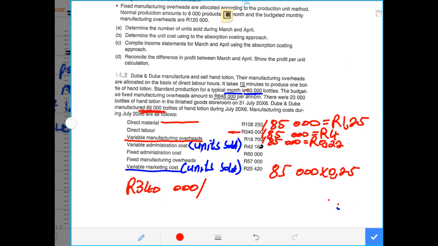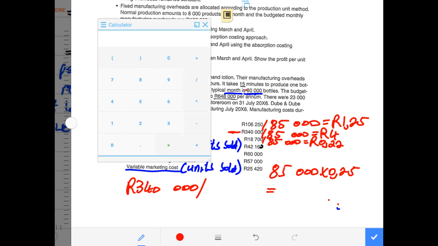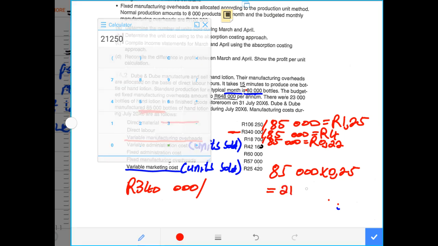I think by now you know what 0.25 means. It is the number of hours it takes to complete one unit. So if we do that, it will give us the total hours to manufacture 85,000 units, which is 21,250 hours. That means it will take 21,250 hours to complete 85,000 units.